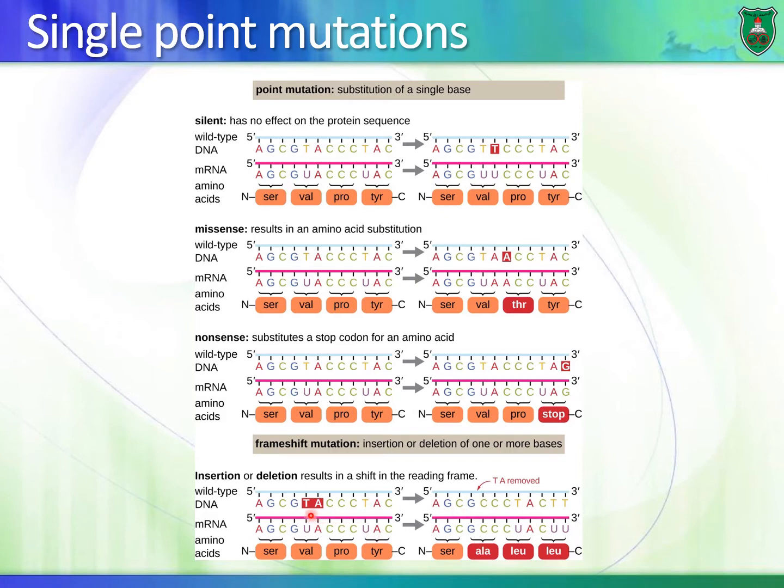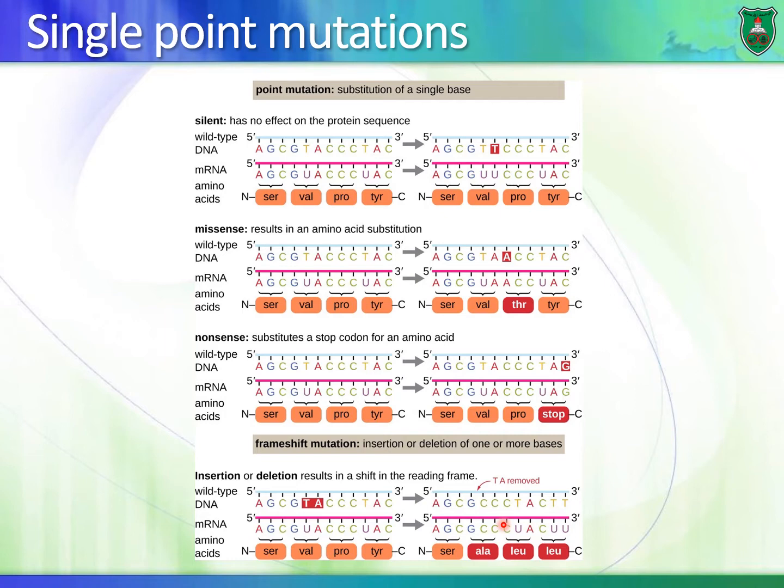So right here, the CC would be combined with the G in one frame. It's almost like putting each codon in a frame. So right here you have AGC, then GCC. That changes every frame, every codon afterwards.